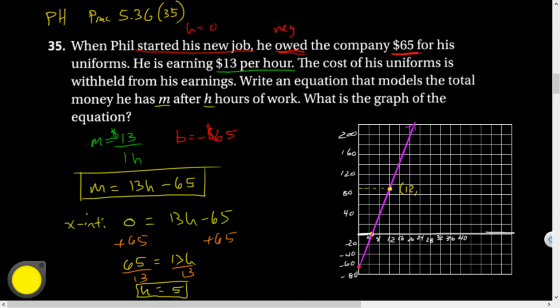It looks like it's halfway between 80 and 100, because I've got to remember my scale. It's not going to be exact, I know, but what would that mean in terms of Phil's life? What does that H and M mean? This is hours. This is monies. What does 12, 90 mean for Phil?